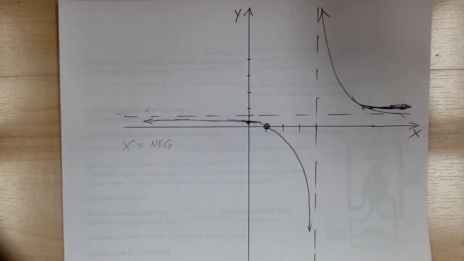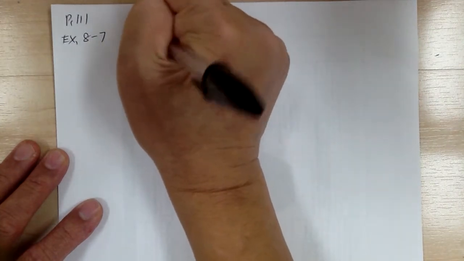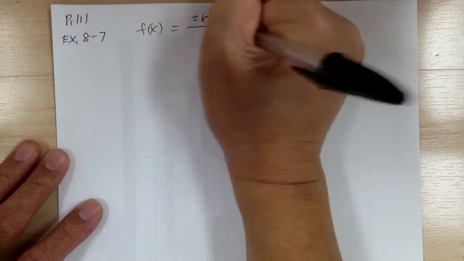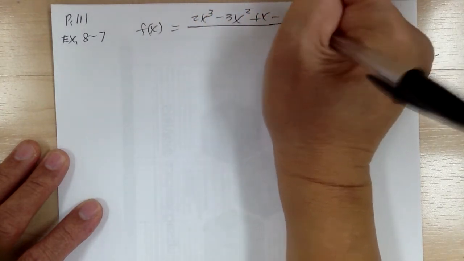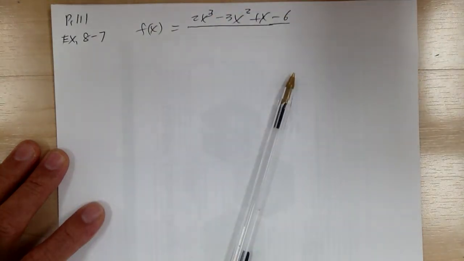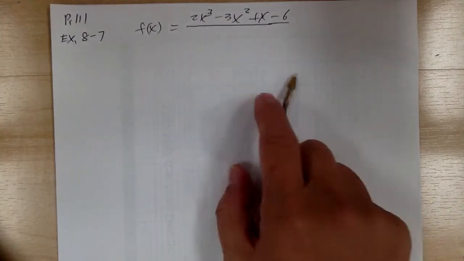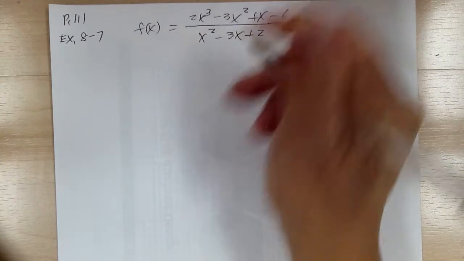Okay, let's go to example 8-7. So you have this function f of x equal to 2x cubed minus 3x squared plus x minus 6 over x squared minus 3x plus 2.